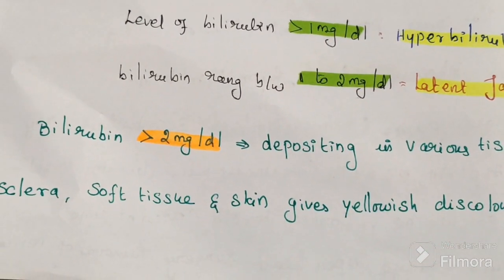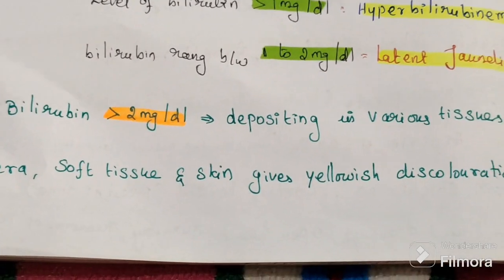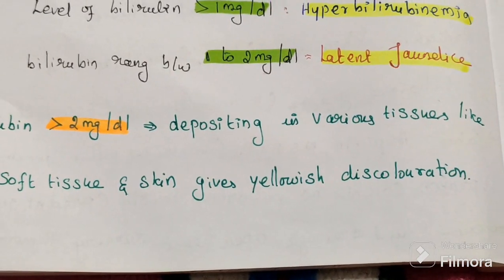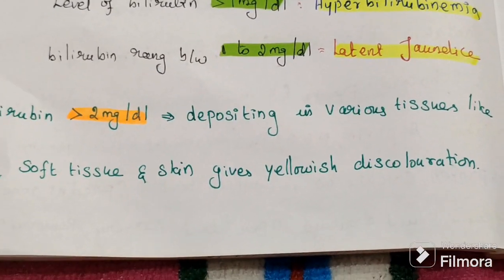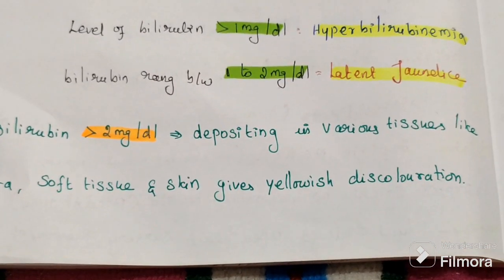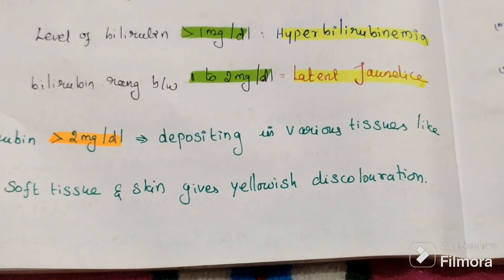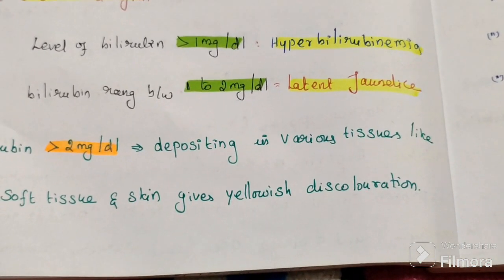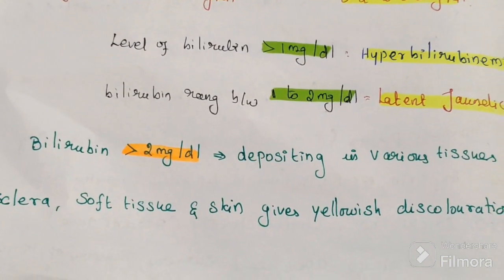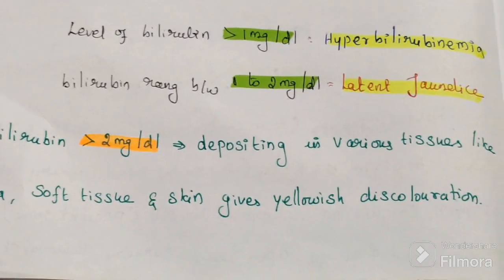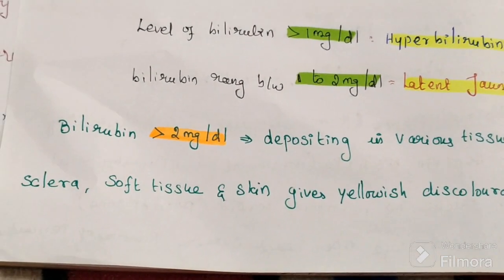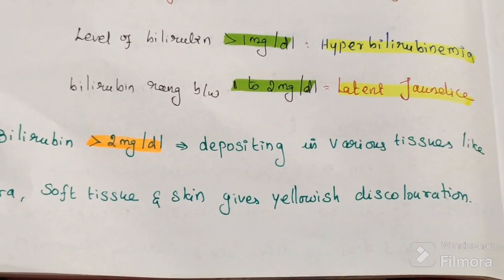If the bilirubin level is greater than 2 mg per deciliter, then it gets deposited in various tissues like sclera, soft tissue and skin.